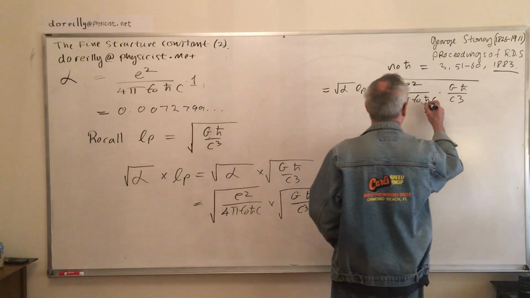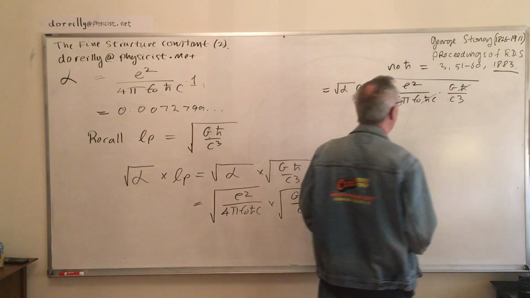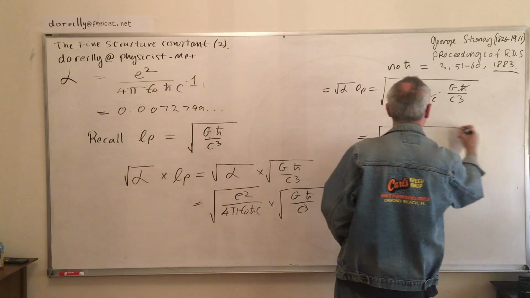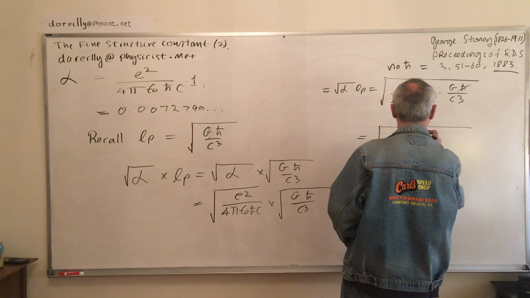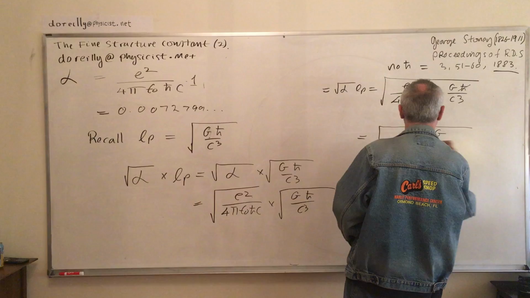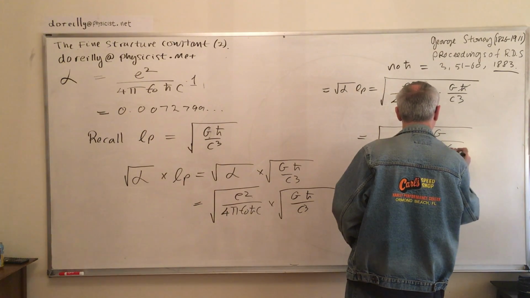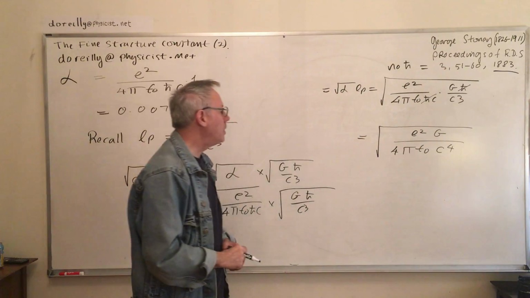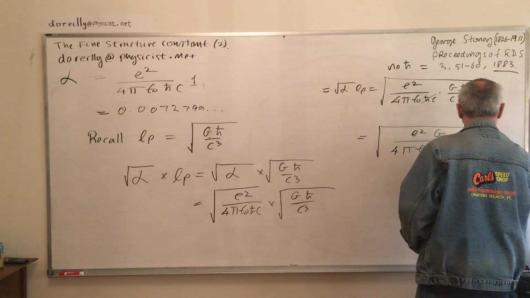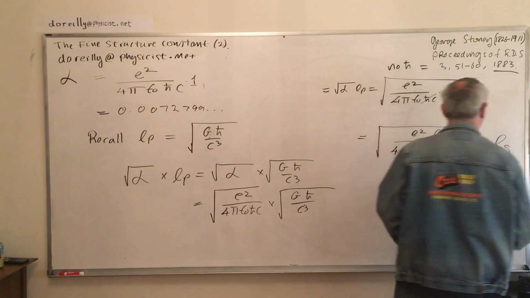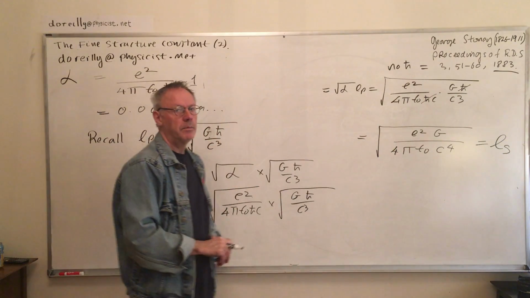Let's see what happens. Look, h goes away. I get a new fundamental unit of length. We're going to call this the Stoney length.